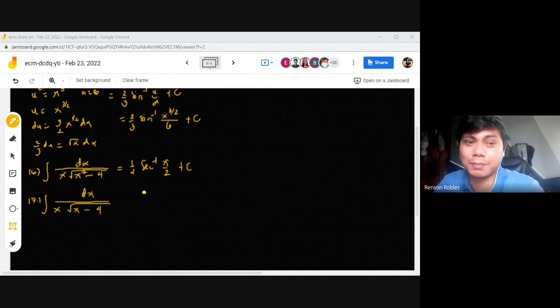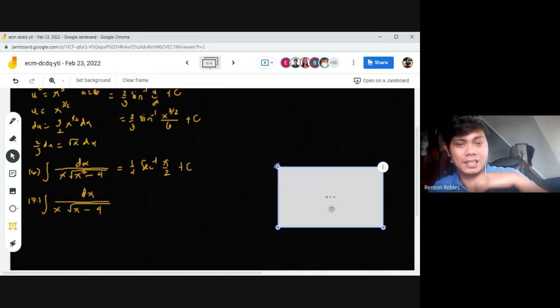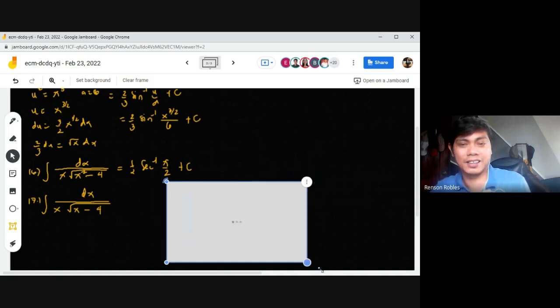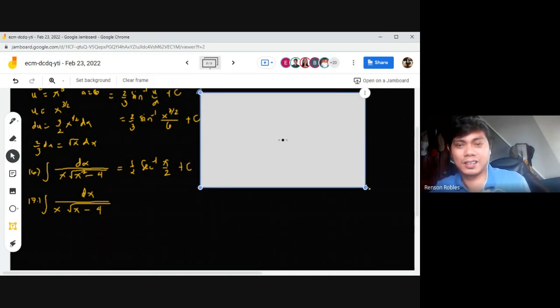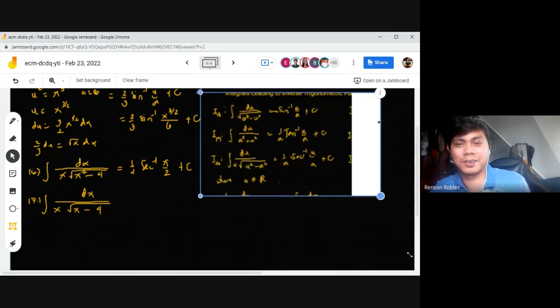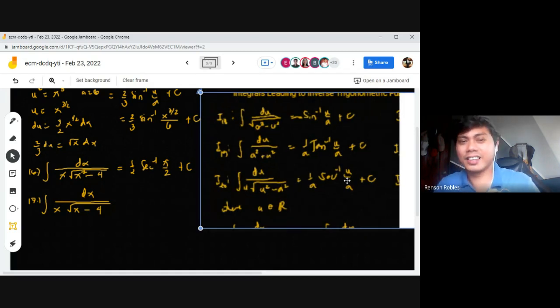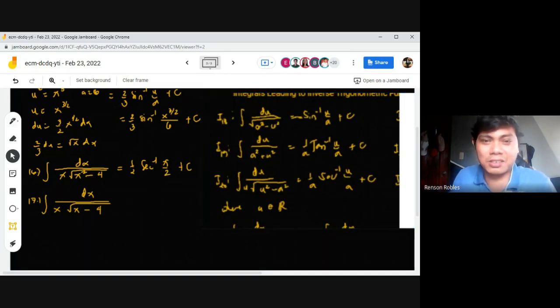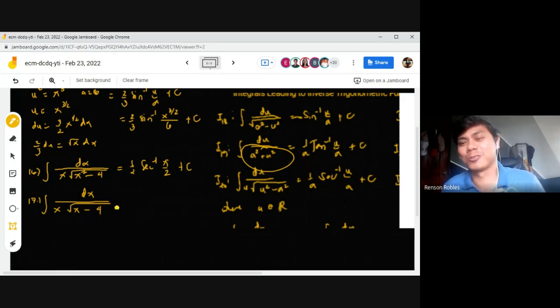Ulit, let me paste it here again. This is the formula. Arctangent, walang square root. Tatandaan yon. Walang square root. May square root to. So, hindi pwede sa 19. Hindi pwede sa arctangent.